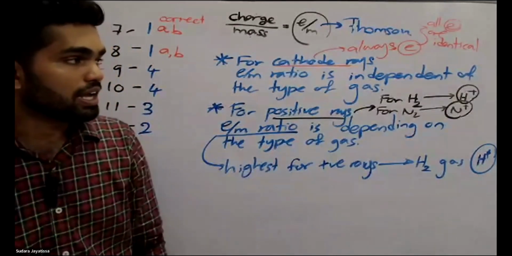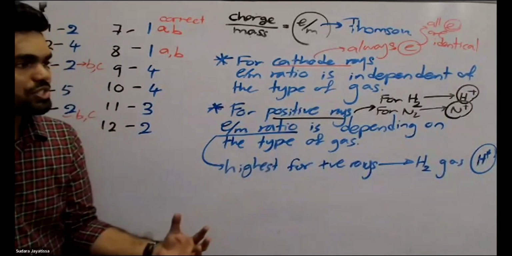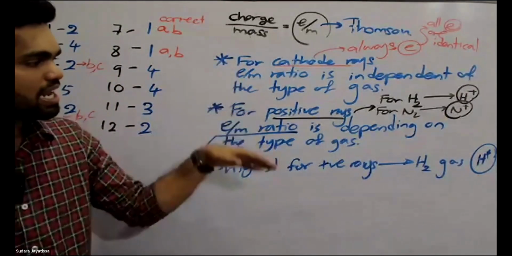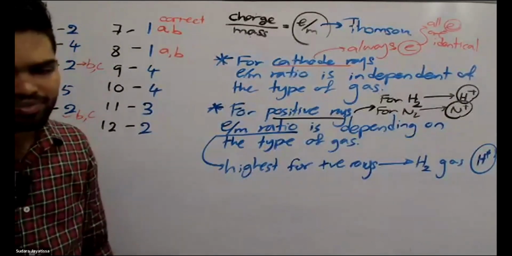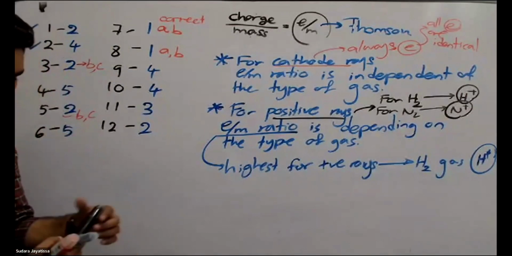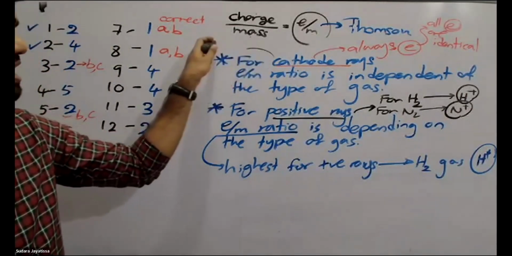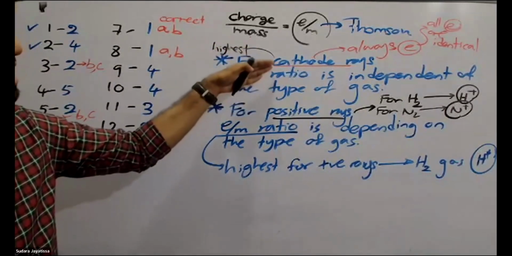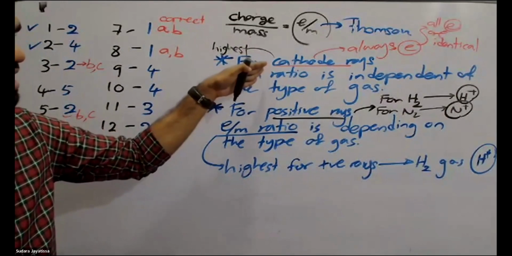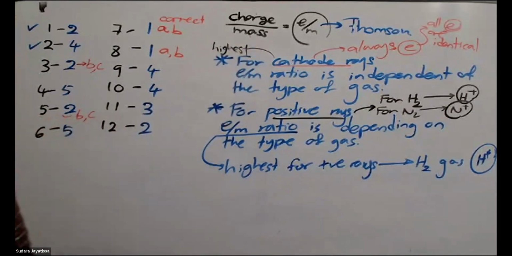When you compare the cathode and anode rays, it is always the cathode rays having the highest e/m ratio. This one is the highest value, bigger than 1840 times the hydrogen's e/m ratio value. Just remember this theory point. I'm reminding you because they are very important when it comes to questions.